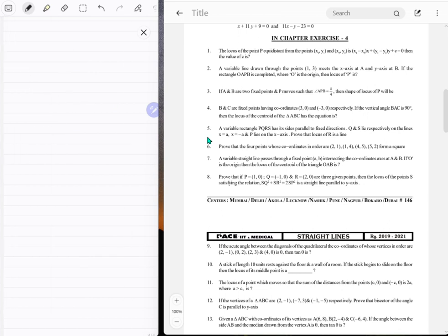Prove that 4 points whose coordinates in order are this form a square. Really. I'm going to cheat a bit. I'm going to move everything to the point 2 comma 1, and we'll see what that does. So moving everything to 2 comma 1, this is question number 6, right?